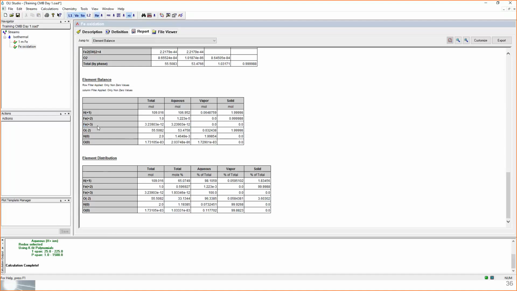So this means that the elemental iron was completely oxidized and gave up 2 electrons to become this iron +2. And most of it now is in the solid phase. I will explain which solid phase was formed in a minute.